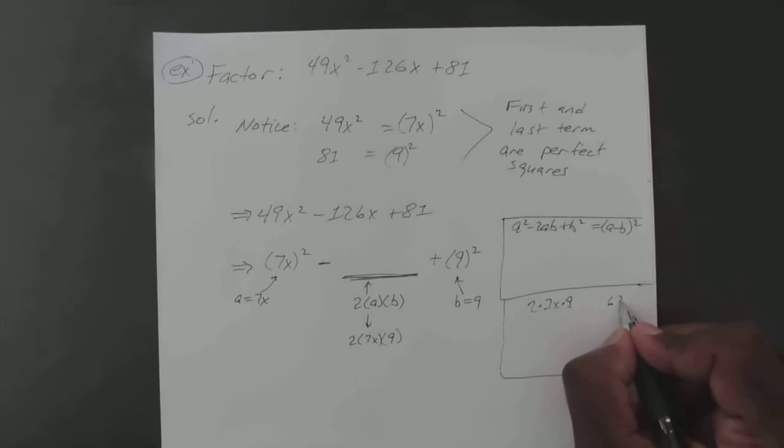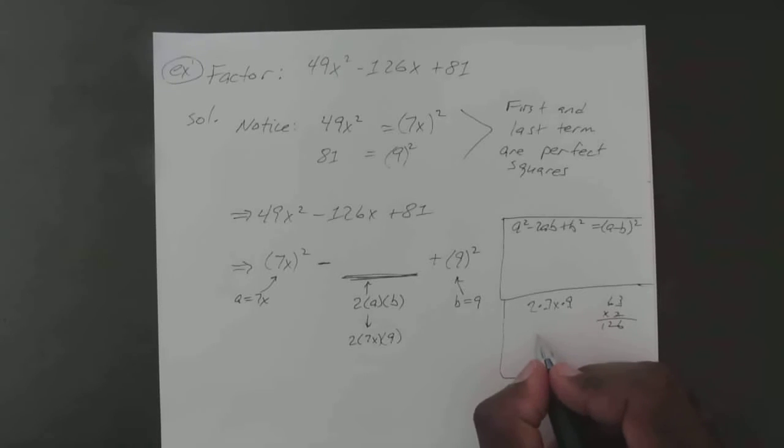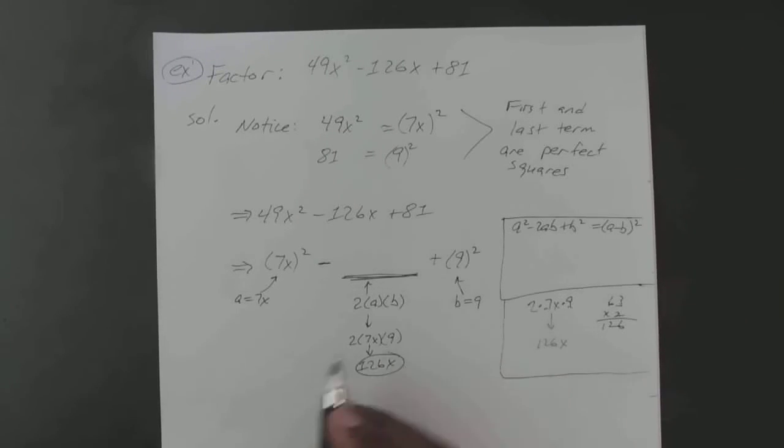So you have 63 times 2 should be 126. 2 times 3 is 6. 2 times 6 is 12. 126. So you have 126x. Which is exactly what we were looking for.